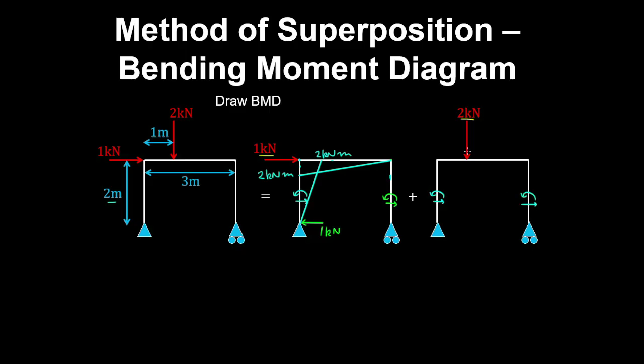Now for this second case, there's no bending moment in the columns because there's only a vertical load applied to the frame, but we have vertical reactions at the pin and roller.